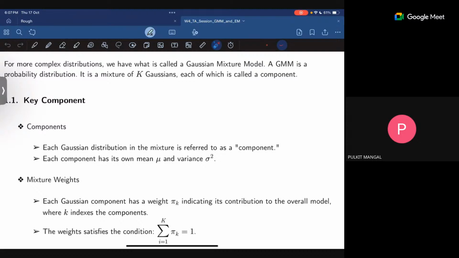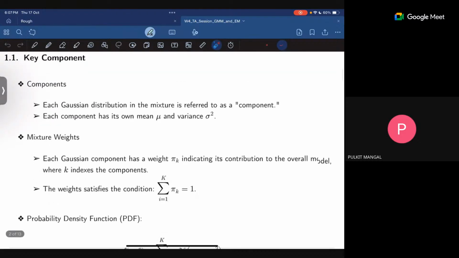We will refer to each Gaussian distribution in our mixture model as a component. And each component will have its own mean, which we will refer to as mu, and variance sigma square. I hope the terminology is clear.